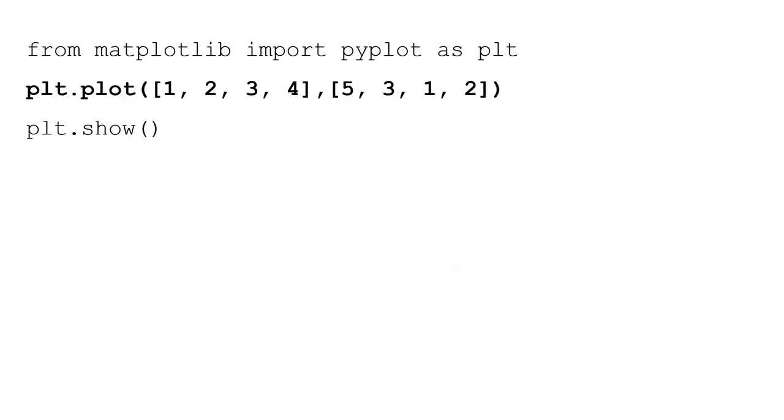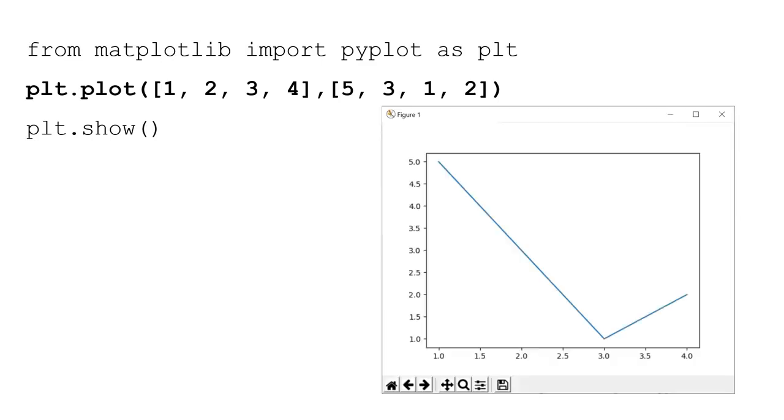Observe the plot function in this code. It has only 2 lists as arguments and there is no third argument. So this will produce a line joining these points. The output produced by this code is, this is a line chart with a solid blue line joining the specified points, that is (1, 5), (2, 3), (3, 1) and (4, 2).